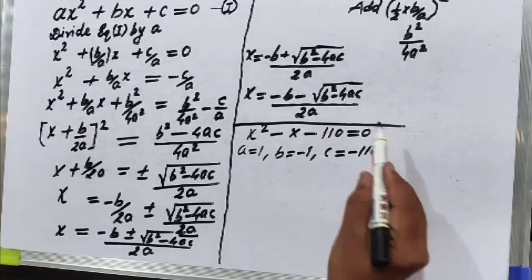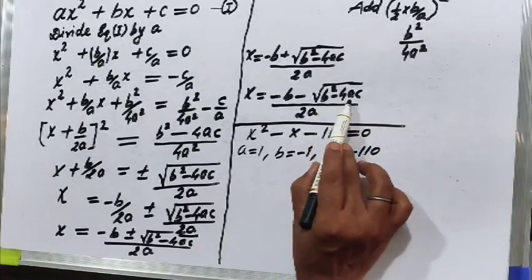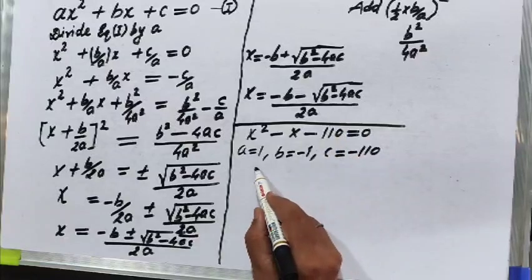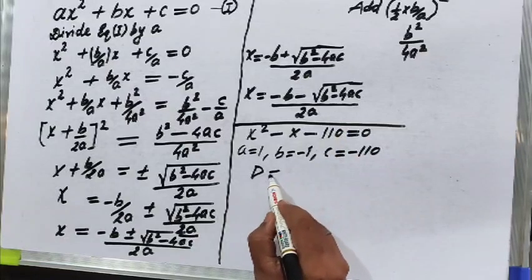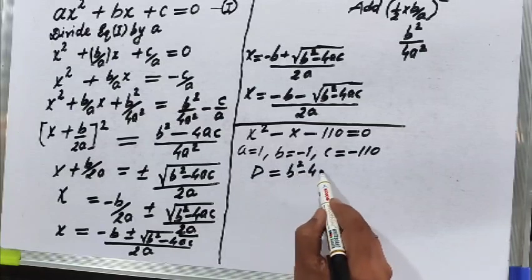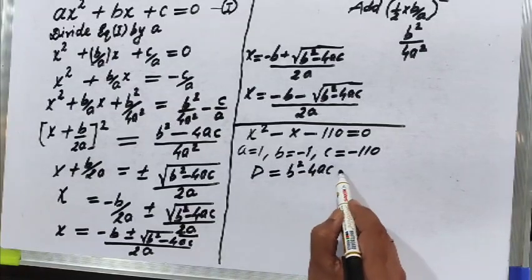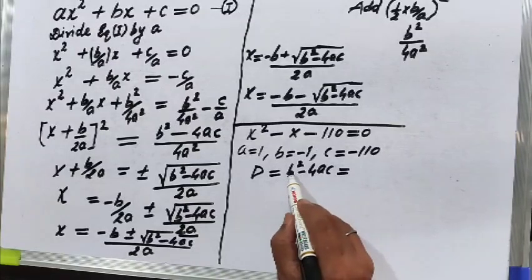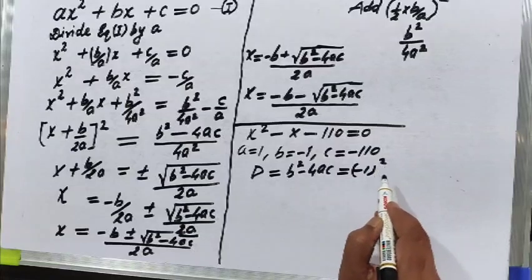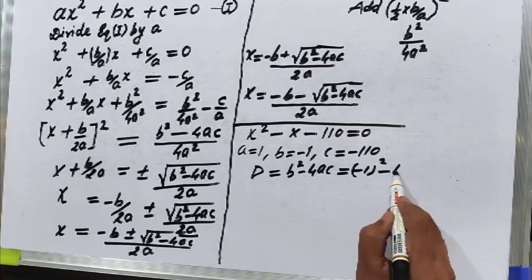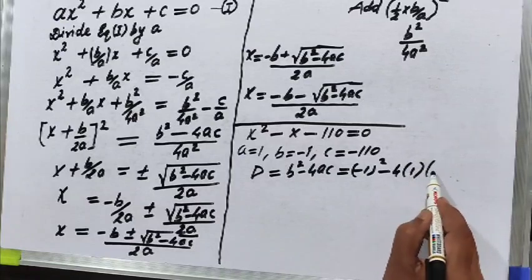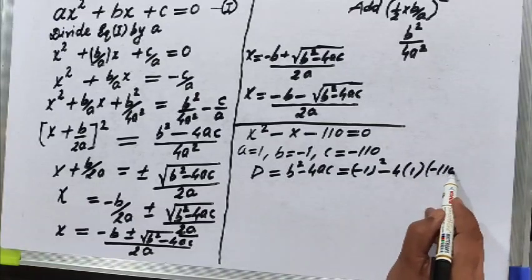Now let us first find out the value of b square minus 4ac, which is also called a discriminant. So let us find out d. And what is d? It is b square minus 4ac. So this is equal to, if you substitute b as minus 1 square and then minus 4 into a is 1 but c is minus 110.